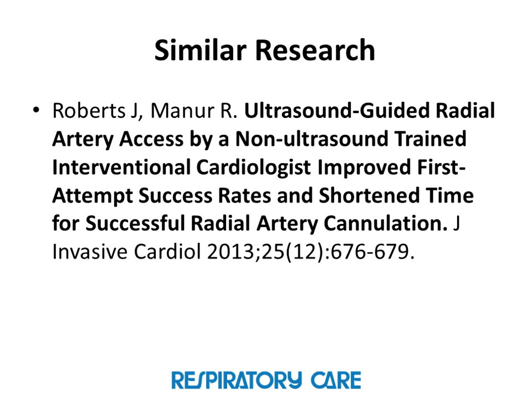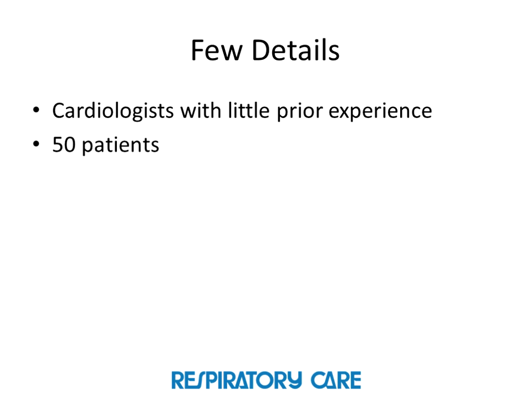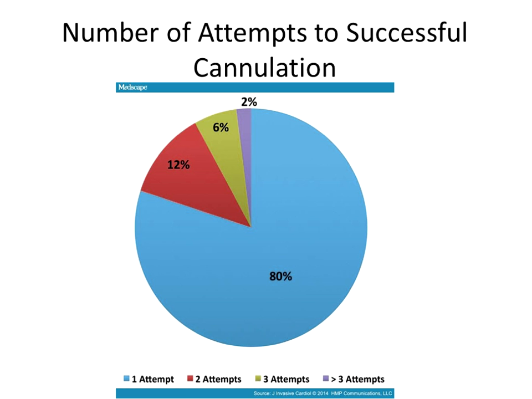And these cardiologists were relatively inexperienced, they said, at inserting arterial lines. There were only 50 patients in this particular study, but it was remarkable that 80% of those patients were able to achieve successful cannulation on the first attempt.